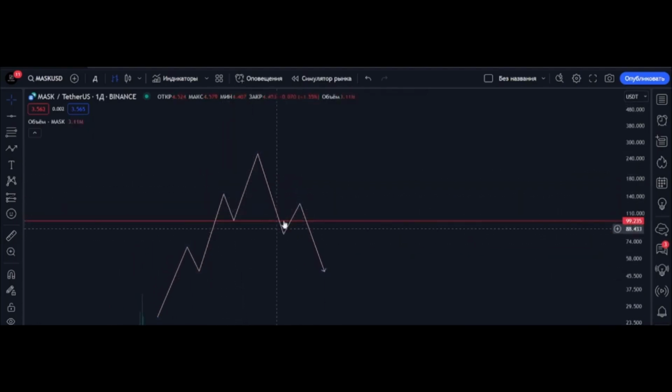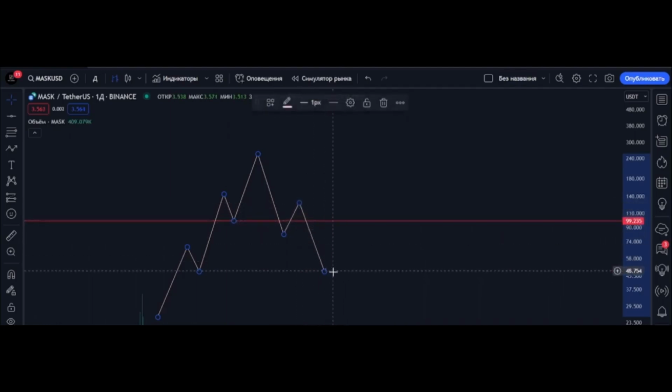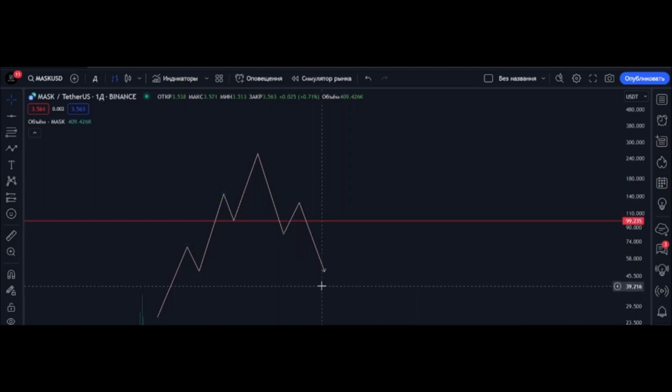And, accordingly, we stab this level either by a false breakdown, or consolidation may occur here, and we can bounce down from it. Either we can make a false breakdown, go slightly to the upside, and then update the previous low. So here we had a low, here we updated it, and then we go down from here.